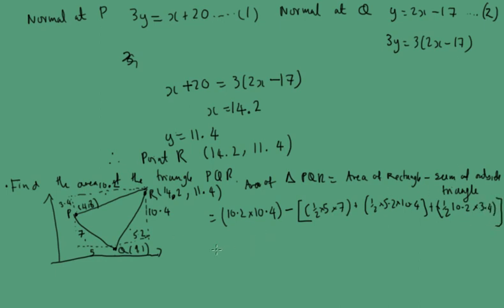Doing all that, you will get 44.2, and we'll just call it units squared, because we don't know the actual units. So I hope that helps.